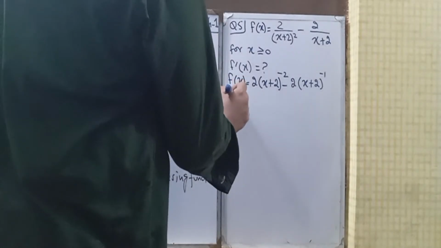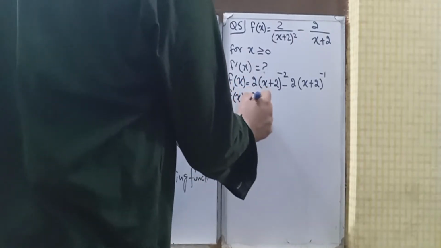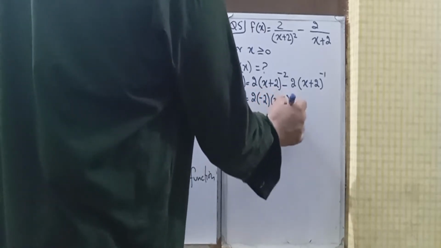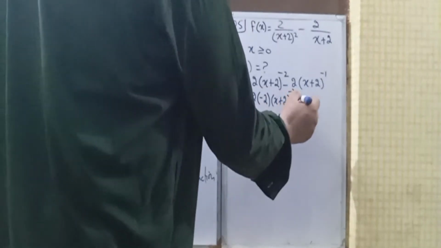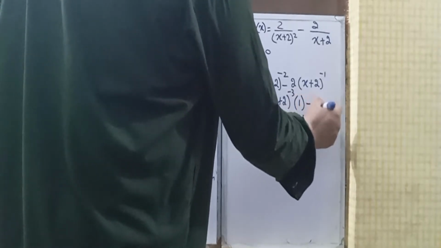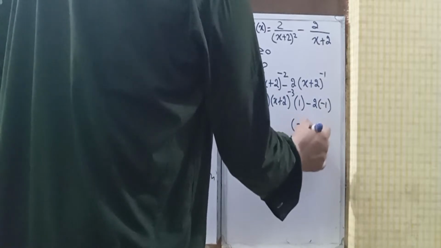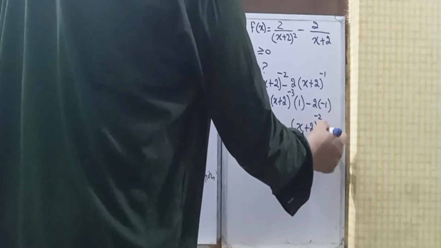I take the derivative: the minus 2 comes on the side, the power decreases by 1, and the derivative of the base is 1. Then minus 2, the minus 1 comes on the side, the power decreases by 1 so it becomes minus 2, and the derivative of this base is only 1.